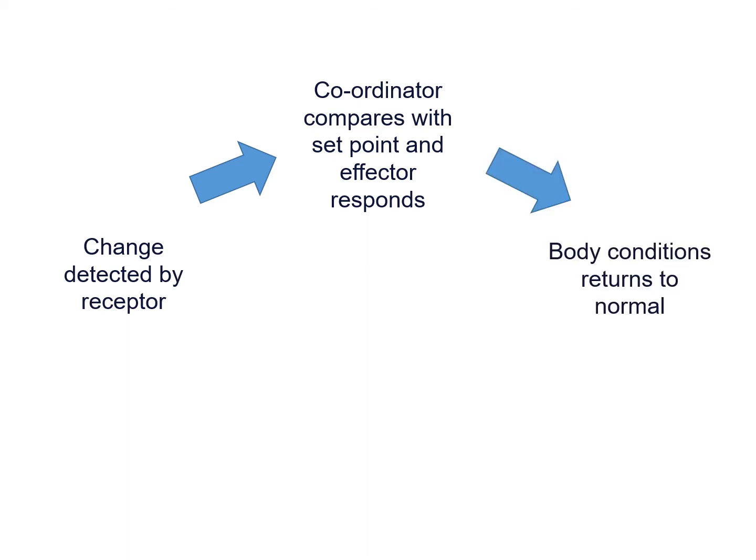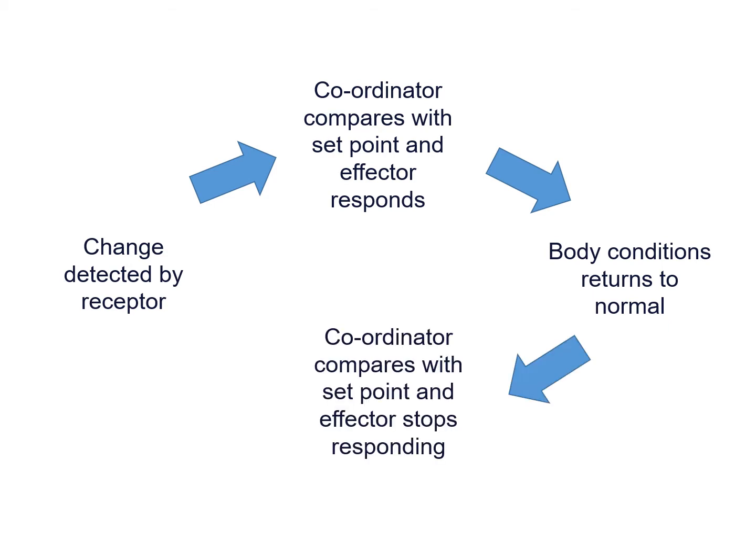Insulin, in this case, will cause glucose to be taken in by muscle and liver cells, causing the body conditions to return to normal. Once the body conditions return to normal, we don't want insulin to continue being secreted and having an effect.